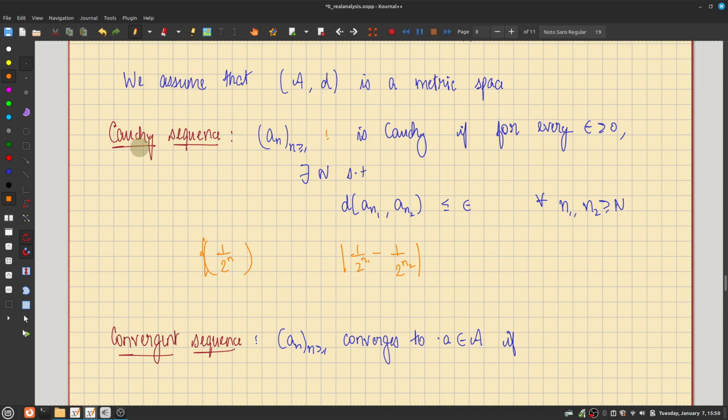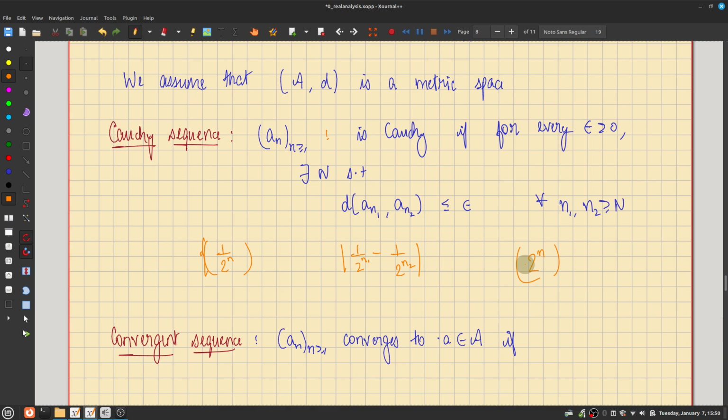So the main point is that you can define a Cauchy sequence irrespective of whether you know what the limit is or not, or whether the limit exists or not. Not every sequence is Cauchy. For example, if I take the sequence 2 to the power n, is this sequence Cauchy? No, it diverges.